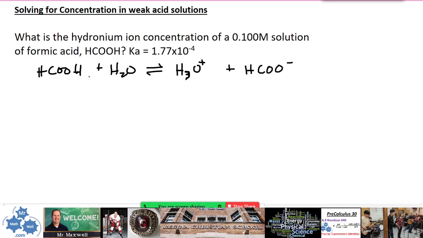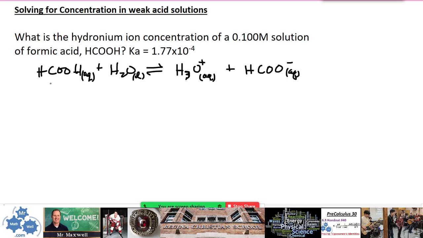So we're going to have aqueous, or sometimes you'll see this acid as being liquid. It still dissociates, so the concentration could still change. Water is not really involved in this so much, because it's liquid and it doesn't change concentration, so this is not going to be in the Ka. But again, this is aqueous and this is aqueous.